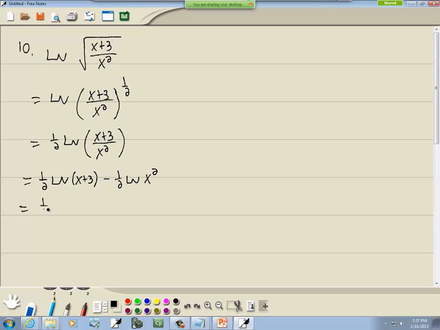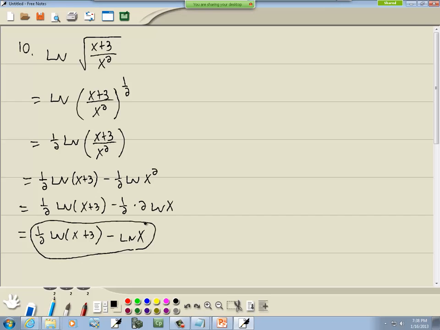So this becomes 1/2 natural log of x plus 3 minus 1/2 times 2 natural log of x, which gives us 1/2 natural log of x plus 3. 1/2 times 2 drops away. That gives you 1. So we got minus natural log of x. And that's our answer.